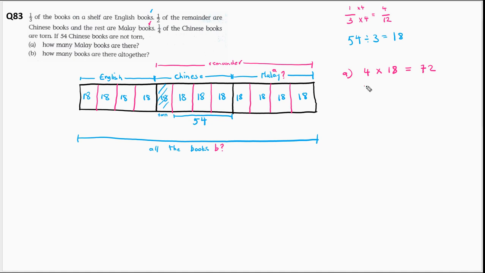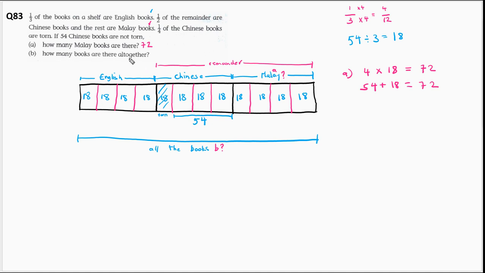So you might also do 54, that's 3 of these units, plus 18. And then you're also going to get to the answer 72. Okay, there's different ways to do it. It doesn't matter. You can do whatever suits you. So whatever way we've done it, we have discovered that there are 72 Malay books.